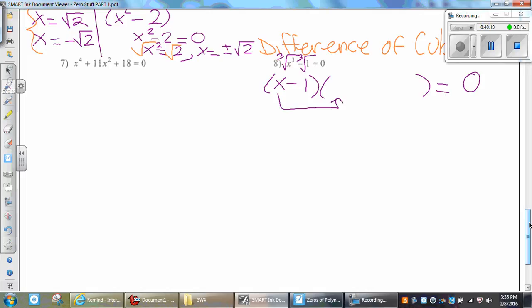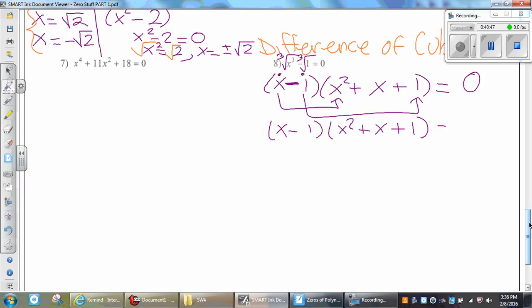So what is x squared? Just x squared. Then we take this term and we square it. What is negative 1 squared? Just positive 1, right? And then the term in the middle, if we start with a difference of cubes, then we should have a positive sign, and it will be the product of x times 1. So that would just be x. So those are our factors so far: x minus 1, x squared plus x plus 1 equals 0.